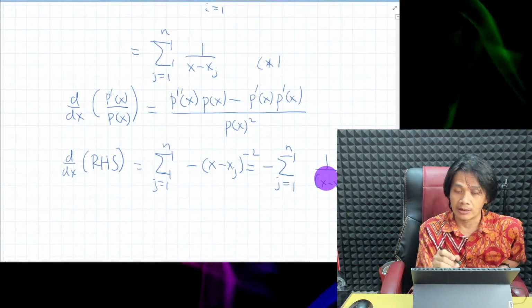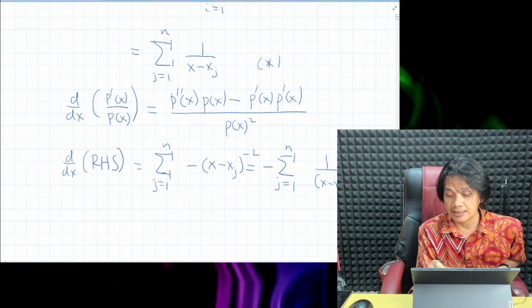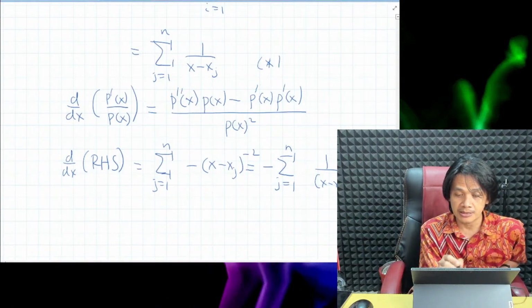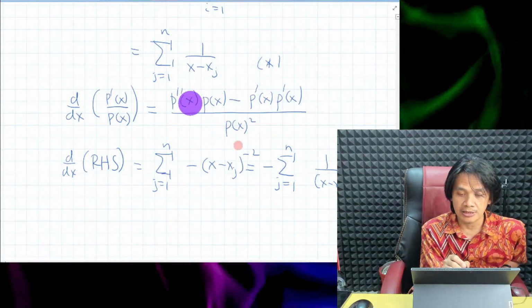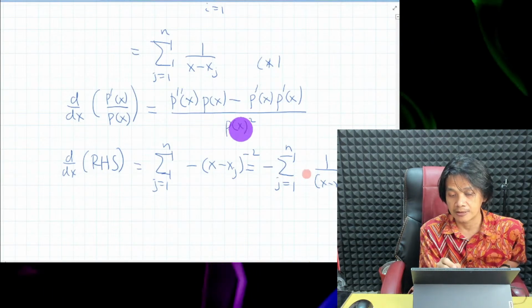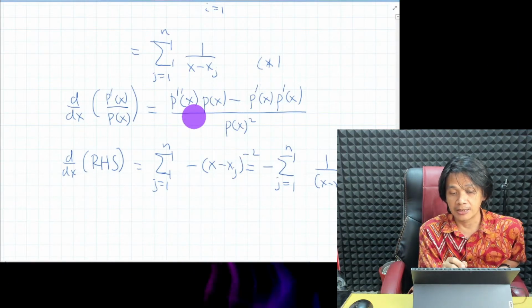Sorry, yeah, okay. But if we put the negative sign, then this guy is less than or equal to 0. So it means that this expression is also less than or equal to 0, but the denominator is never negative. So therefore, the numerator must be negative.